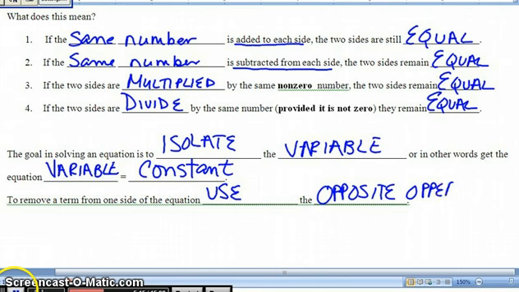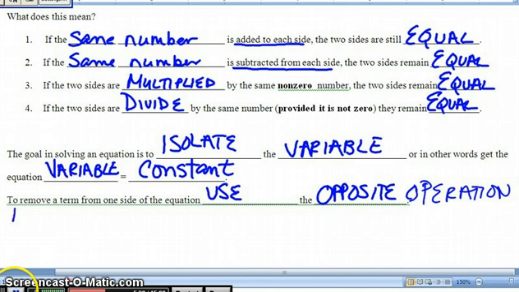Sorry about that, guys. Helps if I check my spelling and don't just keep writing. So what does that mean, the opposite operation? The opposite operation from addition is subtraction.